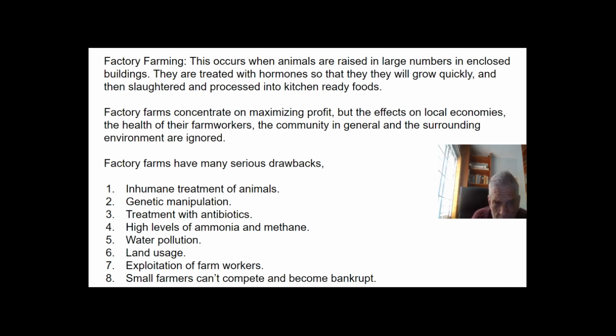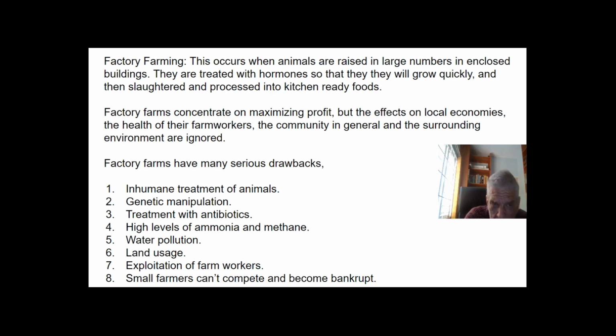It has a large land usage. The farm workers are going to be affected. There is exploitation of farm workers, and small farmers won't be able to compete and become bankrupt.